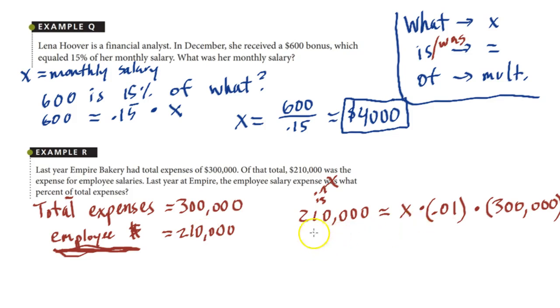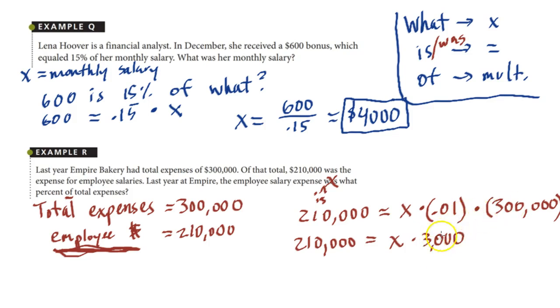So we have 210,000 equals x times 0.01 times 300,000. We can simplify this: 0.01 times 300,000 is 3,000.